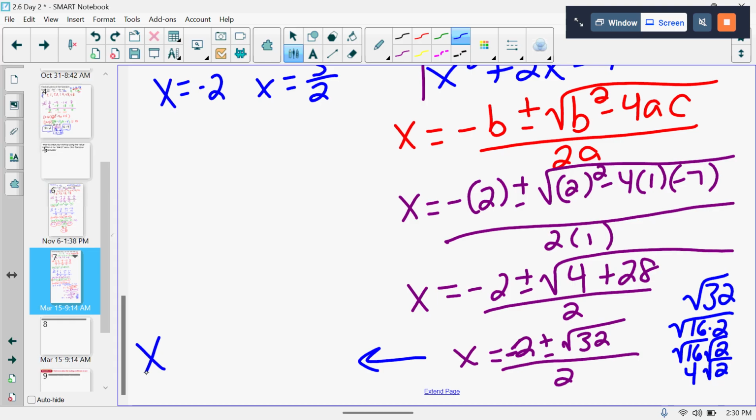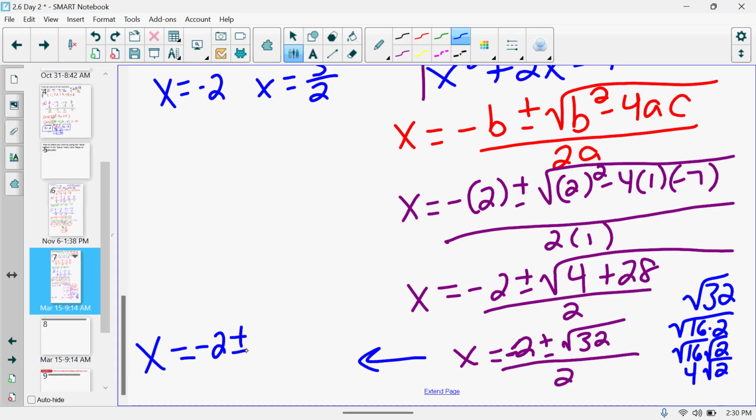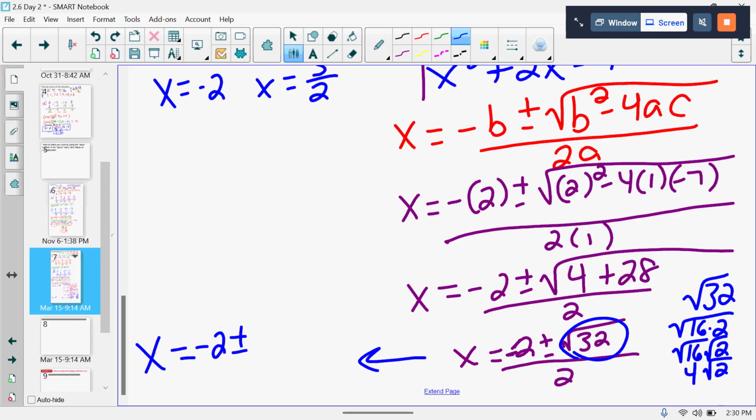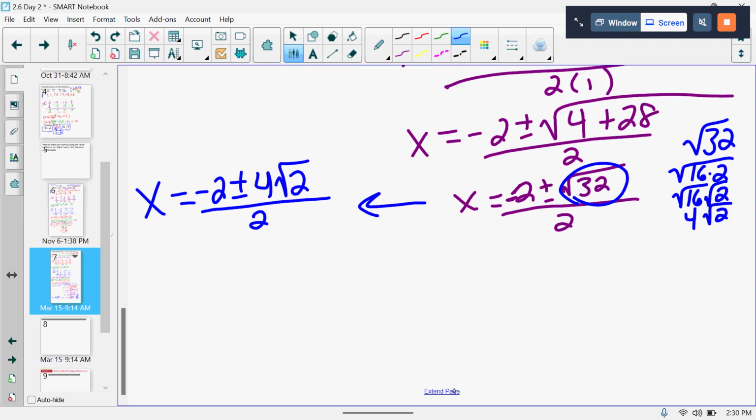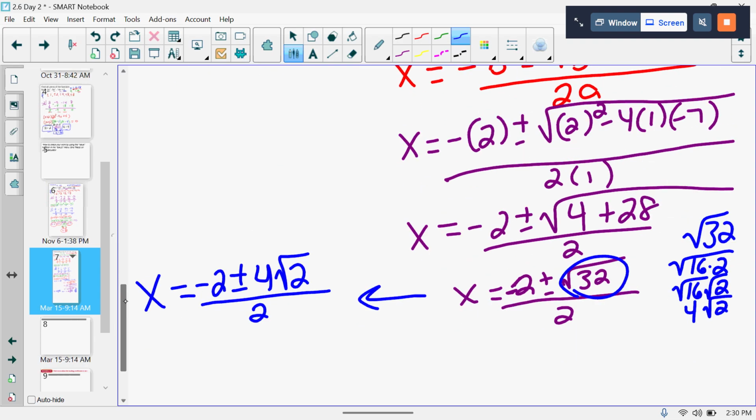So I'm going to come over here for a second. We have x equals -2 plus or minus, instead of radical 32, I'm going to write the simplified version, 4 radical 2. It's all over 2. And then I just need to check if I can simplify any more. Yeah, I could divide everything by this 2. -2 divided by 2 is -1. 4 divided by 2 is 2.